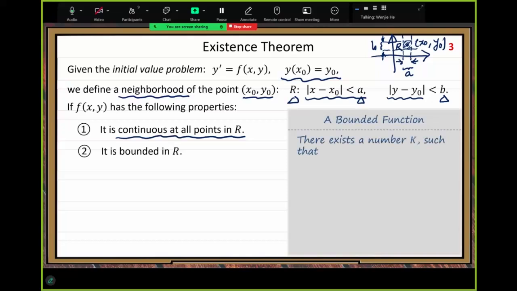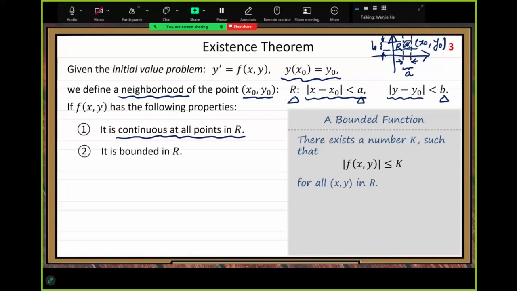There exists a number capital K, some constant K, such that this f function, the absolute value of f of x comma y, is less than or equal to capital K for all points x, y in R. That's the meaning of a bounded function.